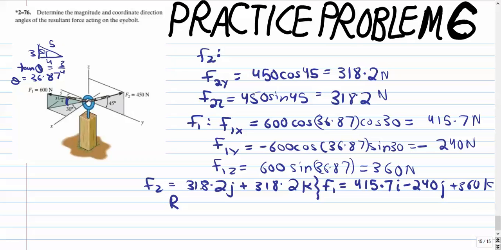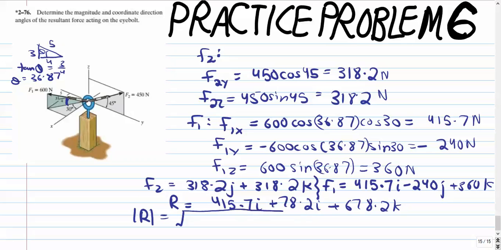Adding their respective I, J, and K components, we get the resultant force 415.7 I plus 78.2 J plus 678.2 K. Now that we have the Cartesian form of the resultant force, we can use the resultant force formula to find its magnitude, which is the square root of the sum of the squares of its components in all directions.